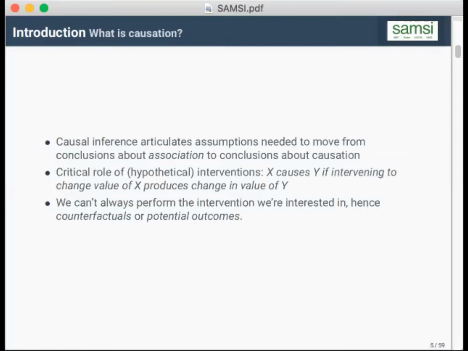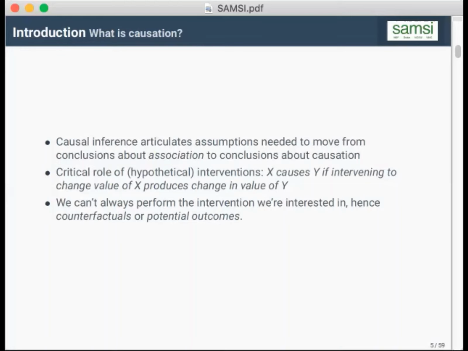What is causation? Well, as we all know, it's not association. Correlation is not causation. An association or a correlation is a relationship between variables that we observe passively. And causation, at least the way that it's defined for the purposes of statistics and causal inference using data, is a relationship between variables that's determined by a hypothetical intervention on the treatment or exposure or cause that we're interested in.